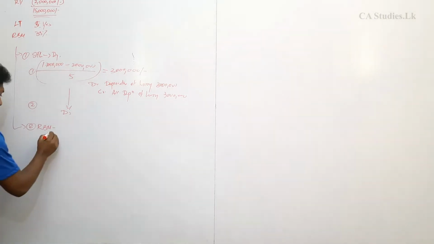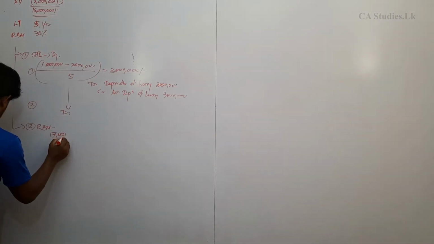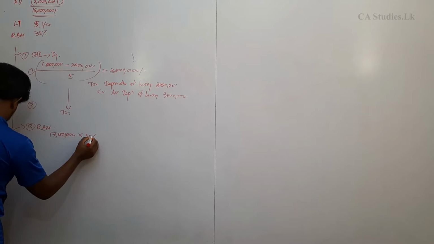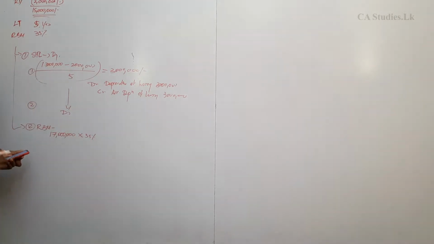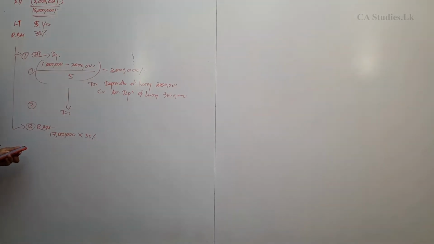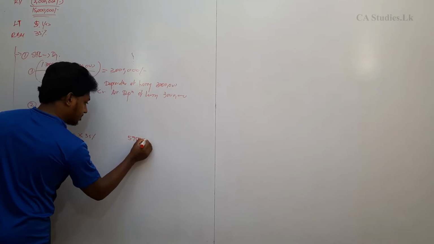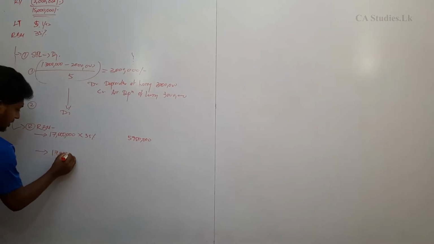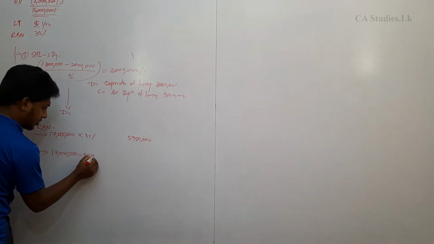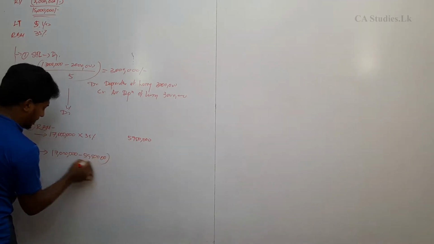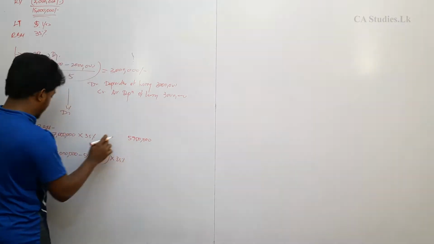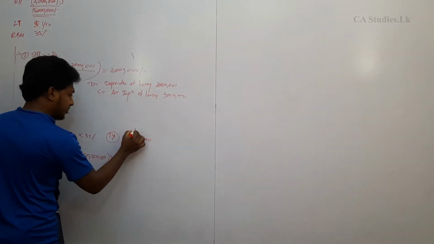First year depreciation is 17 million at 35%, which is 5,950,000. The second year depreciation is calculated on 17 million minus accumulated depreciation, at 35%.